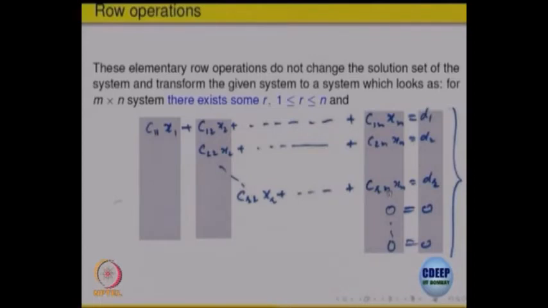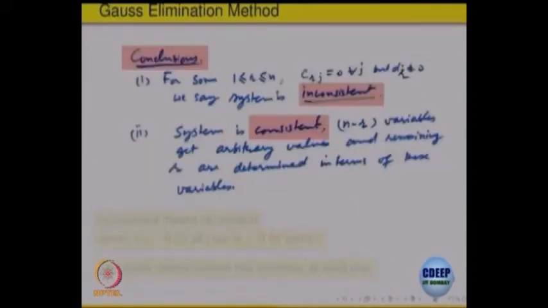We can solve one of the variables in terms of the other variables using this equation. So, we can give the remaining variables some arbitrary values and find the value for one of the variables. That is what it says, that n minus r variables get arbitrary values, and the remaining r can be determined in terms of these variables from the backward substitution.